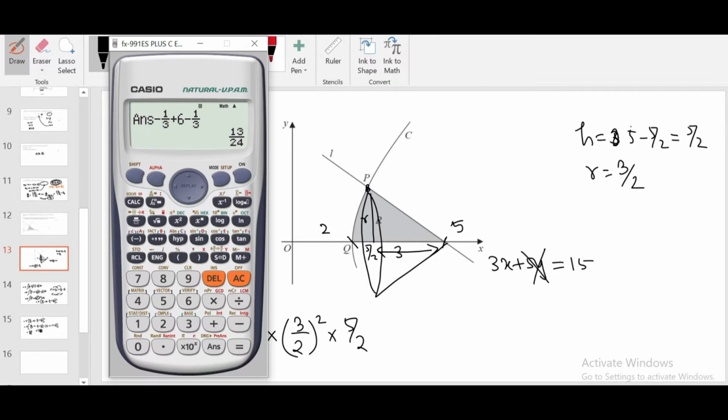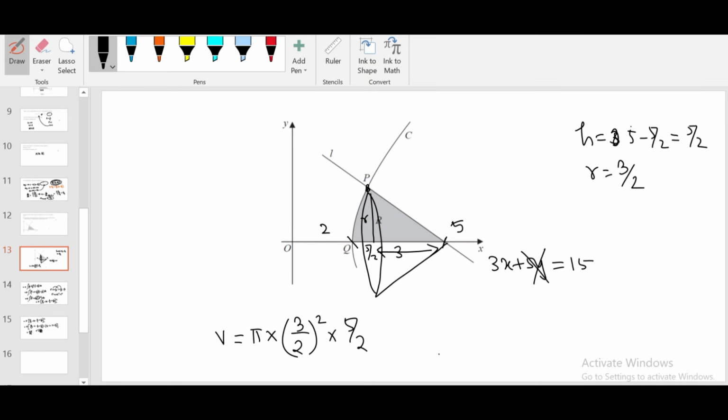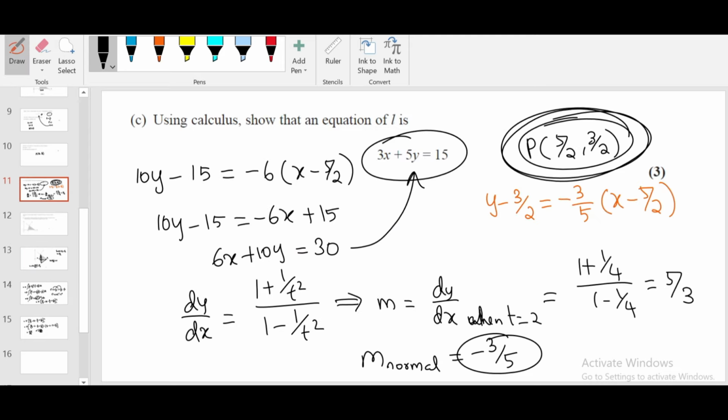So let's calculate this. 3 over 2 whole square is 9 over 4 times 5 over 2, 45 over 8, r square h. This is the point P, which has x coordinate 5 over 2.